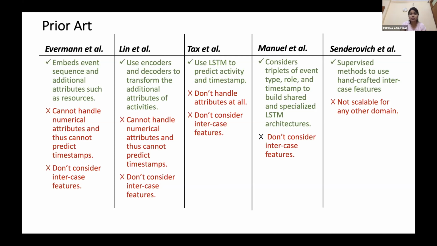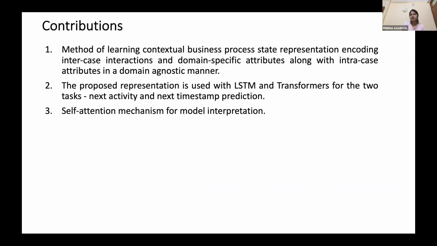So building upon this prior art, what we try to contribute here is an unsupervised contextual business process state representation, which encodes intercase interactions and domain-specific attributes along with intracase attributes in a domain-agnostic manner, so that this kind of representation can be scaled for any business process.